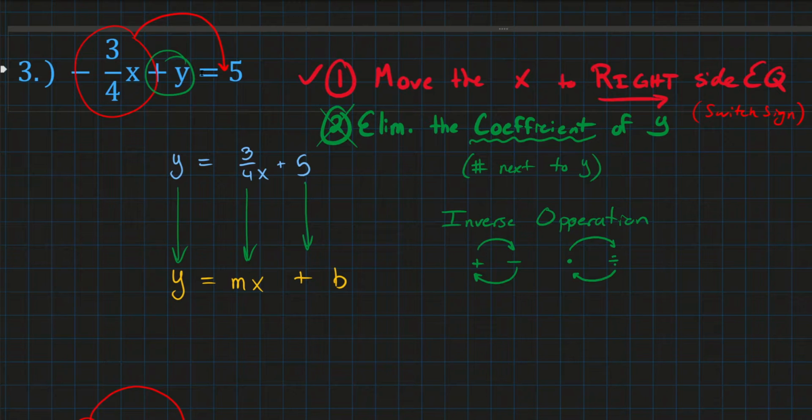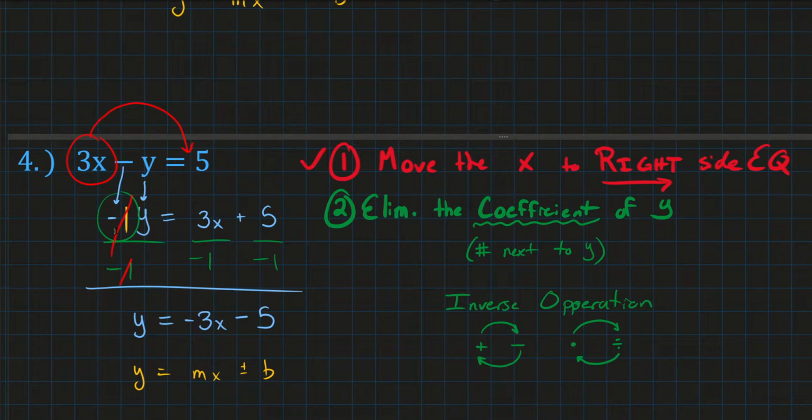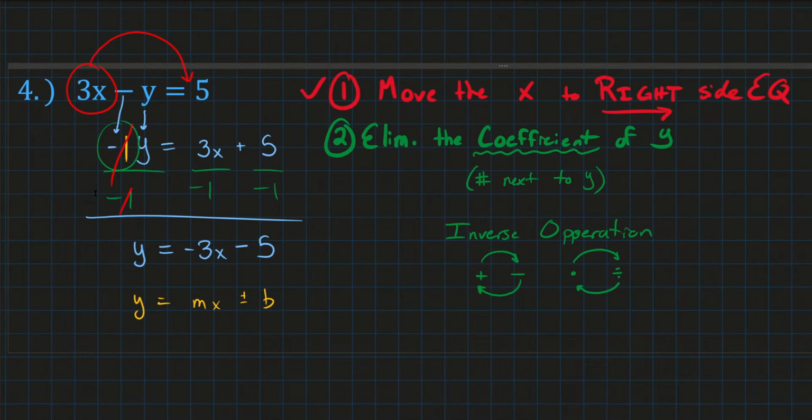The only time we didn't divide was when there was literally nothing to divide by. In this case, we still had a negative sign, so we had to divide by something. But if you want to break it down into 2 steps, move and switch, divide by the coefficient. You'll get these right every time.